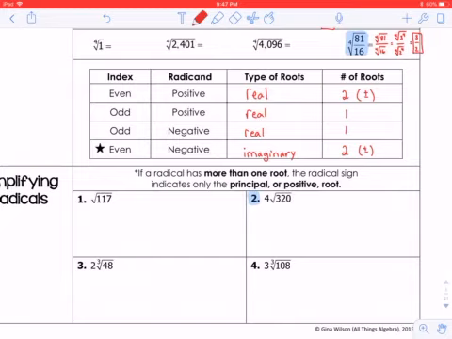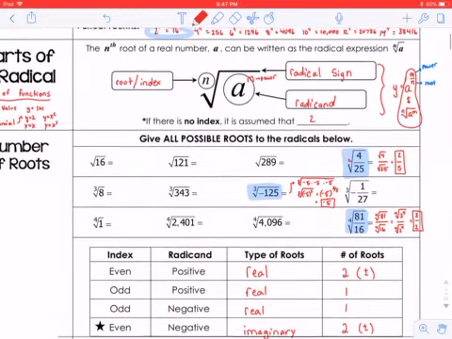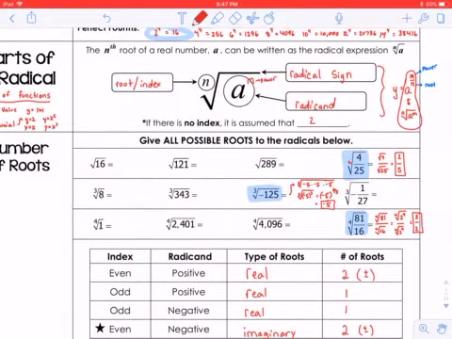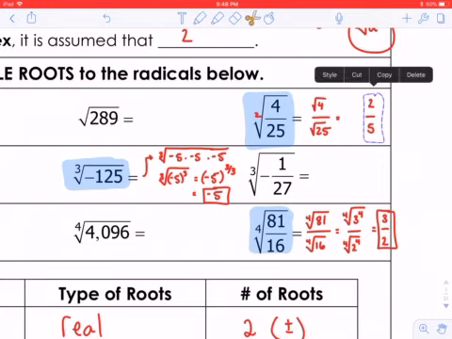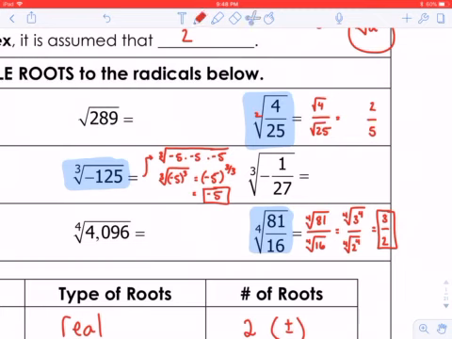Now, you may notice I didn't put the plus or minus on the examples up here. It does say give all possible roots, so I probably should, but I want to remind you of the different scenarios, and I'll actually add this in. I just didn't read my own directions.